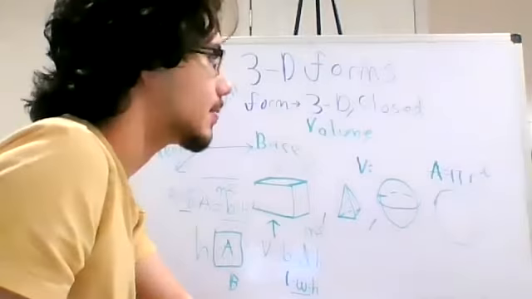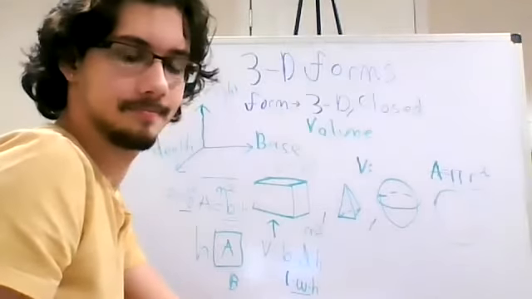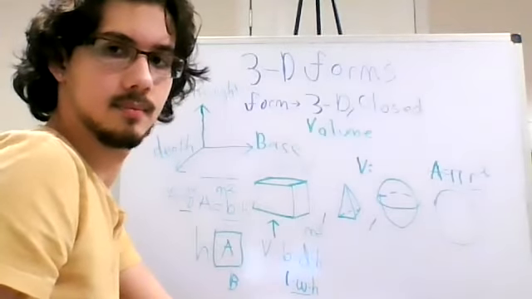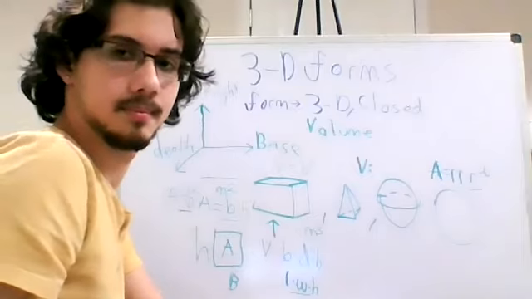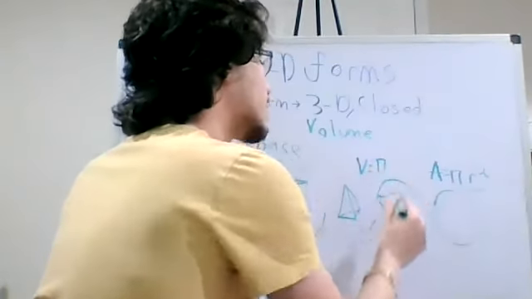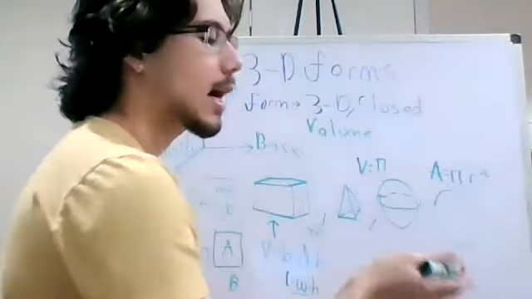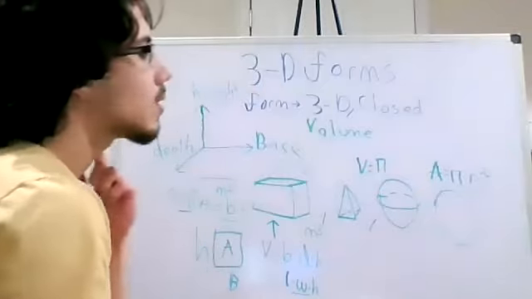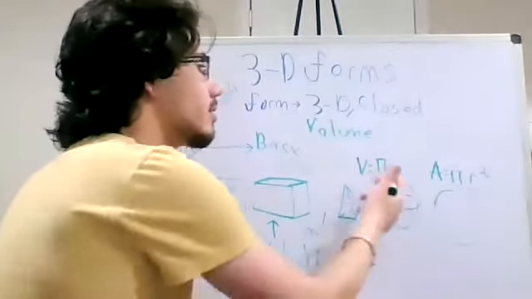Do you think that we would use pi? Yes, sir. Okay, good. Because pi is a thing that we commonly use with circles. So we can reasonably guess that we'll be using pi.